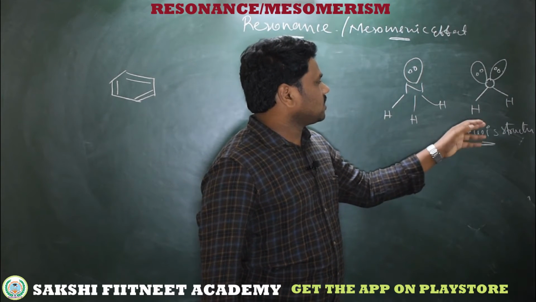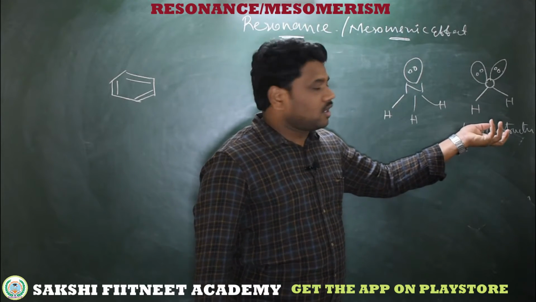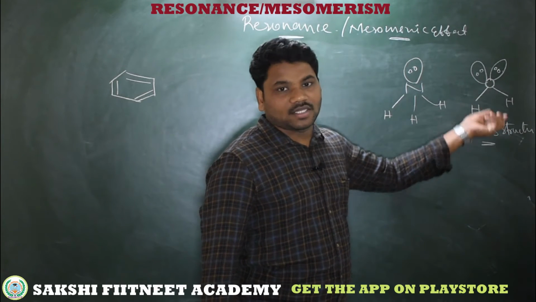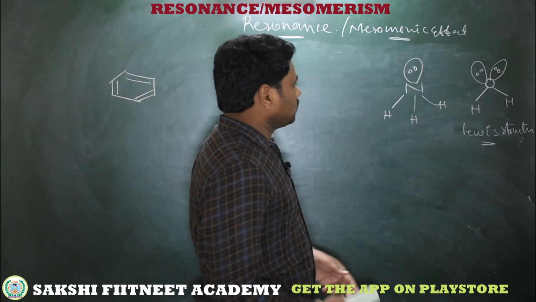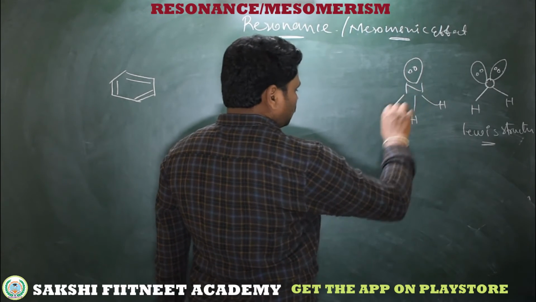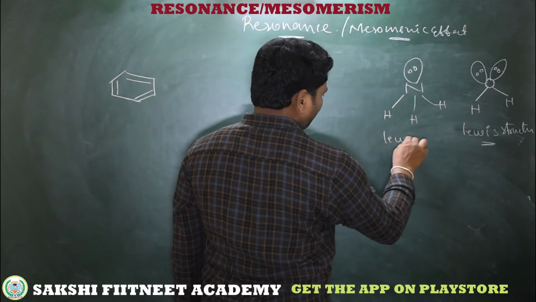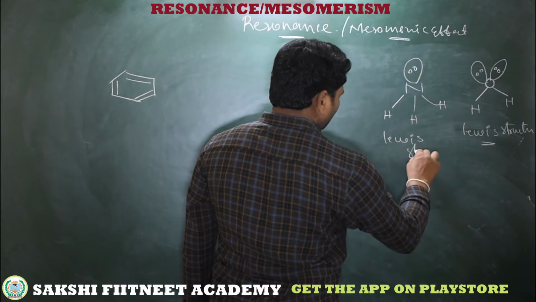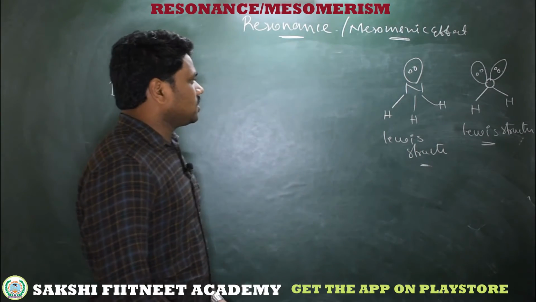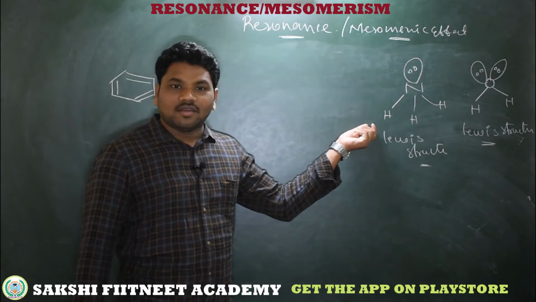Because of the single structure, it is very easy to identify the chemical and physical properties. Now coming to ammonia, it also shows a single Lewis structure, very easy to understand its chemical and physical properties.